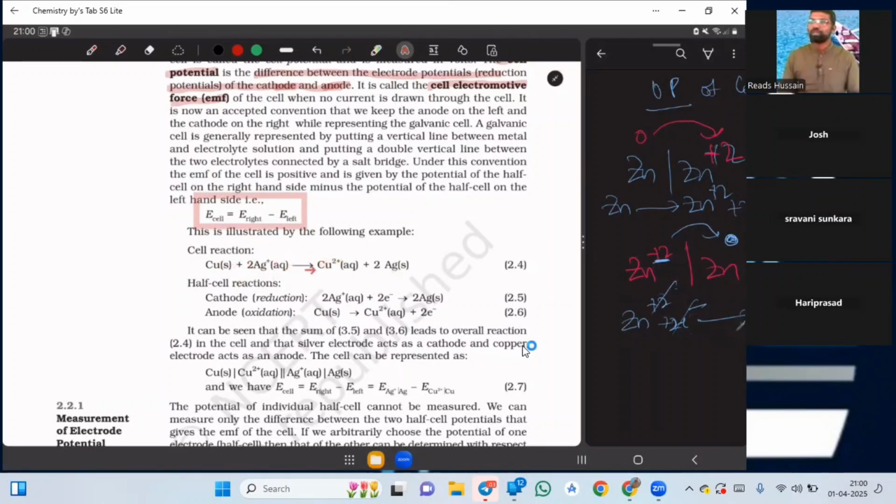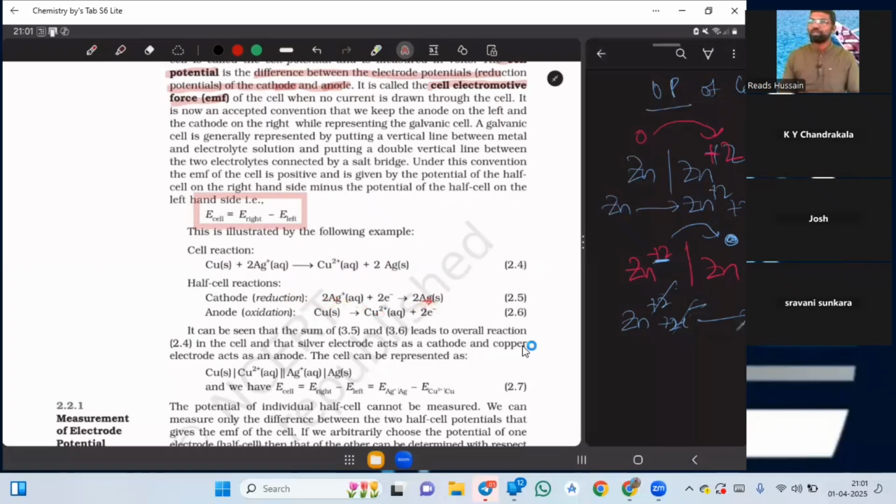Now let's divide this complete reaction into two half cell reactions. Likewise, in first year intermediate, the 11th class chapter on basic concepts of chemistry, you balanced reactions by dividing them into two, like that only. So cathode, reduction: which part is reduction here? 2Ag+ becomes 2Ag.